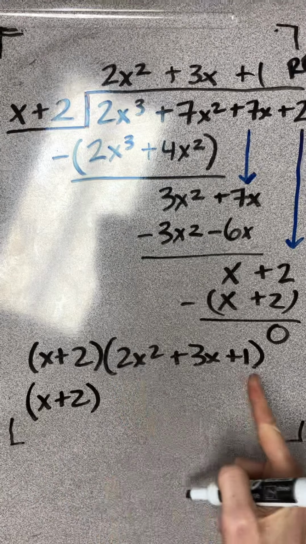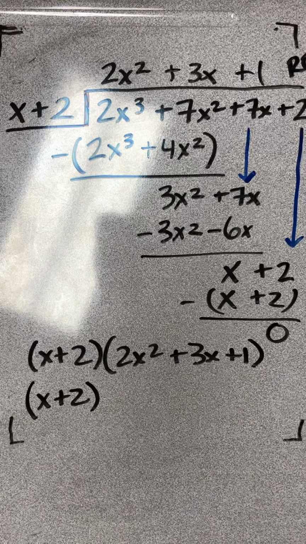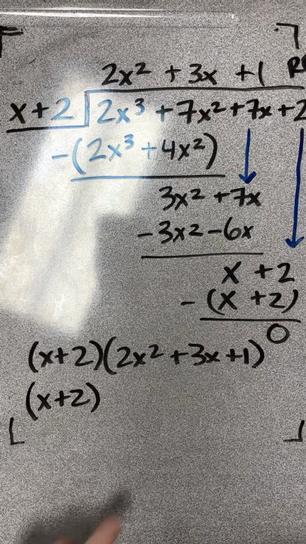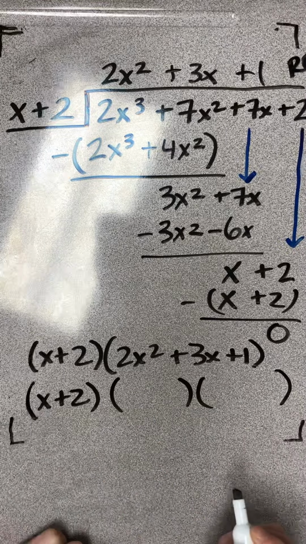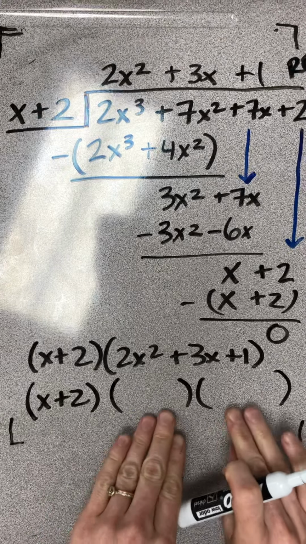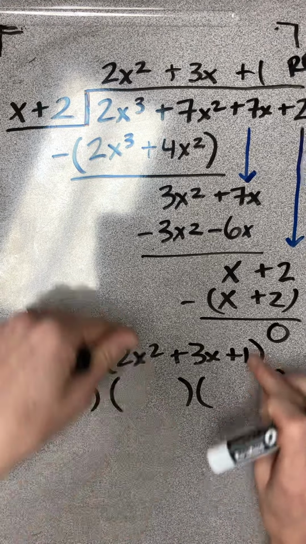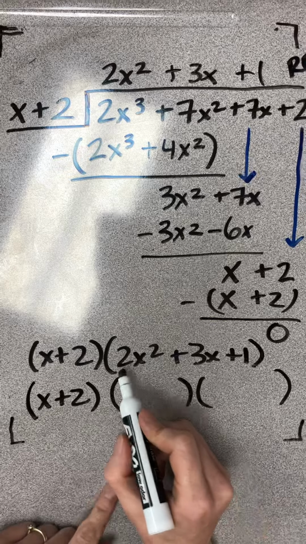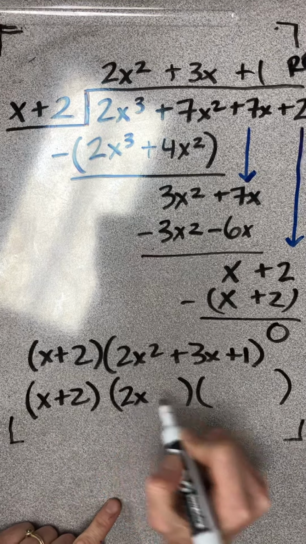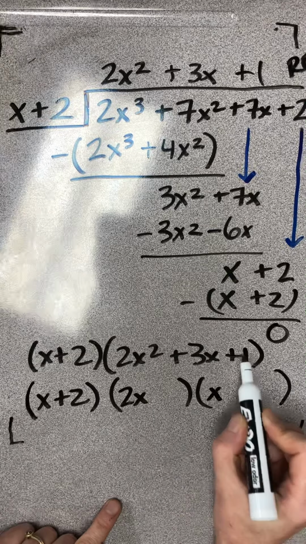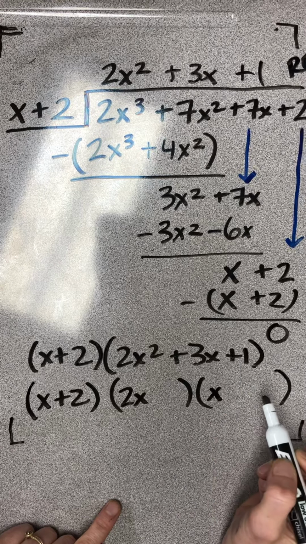Could I factor this? Well, a lot of different ways to do it. I'm going to use guess and check. I'm going to see, is there a way for me to set this up where if I multiplied 2 binomials together, I would get this trinomial? Well, the only way to split up 2x squared is going to be 2x and x. And then I'm going to ask, all right, what are my possibilities for a positive 1?